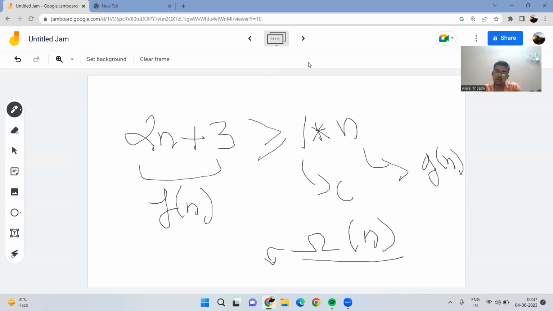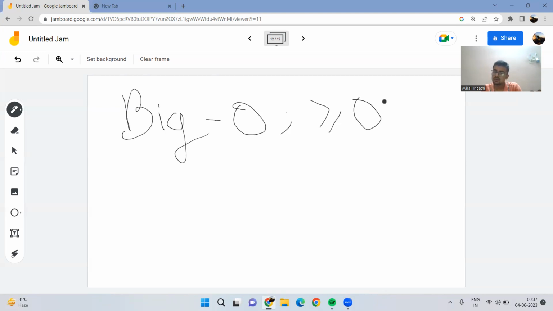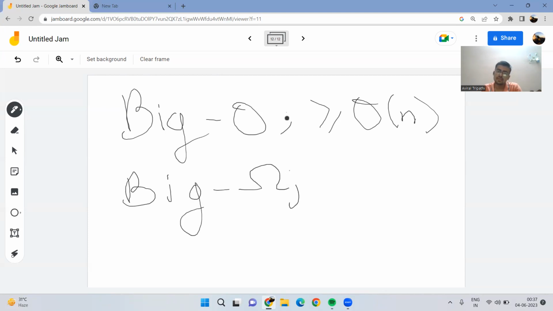In big O, values can be greater than the O of n, while for big omega notation the values should be less than or equal to, it shouldn't be O, it should be omega here.